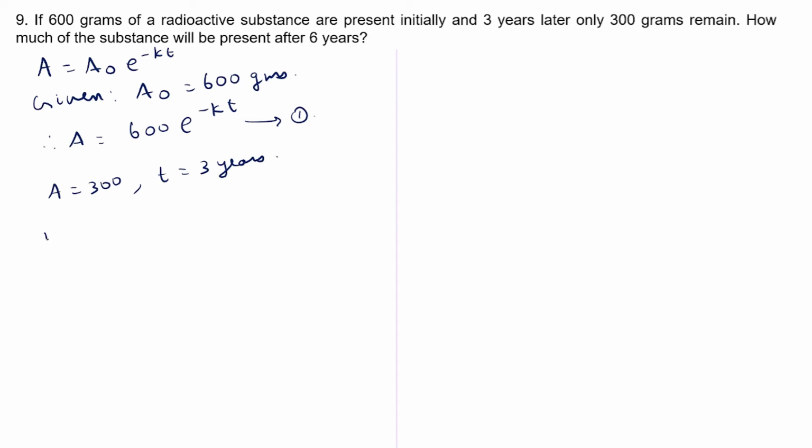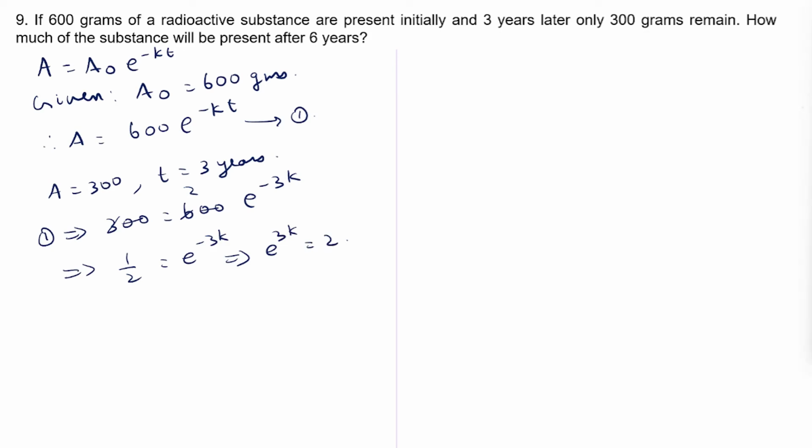So from this we can find k. 1 implies 300 equal to 600 into e raised to minus 3k. Or we have half is equal to e raised to minus 3k or e raised to 3k equal to 2. Here let us mark this as equation 2.